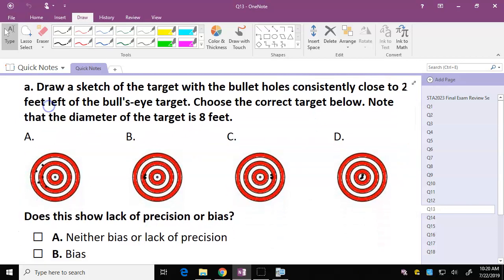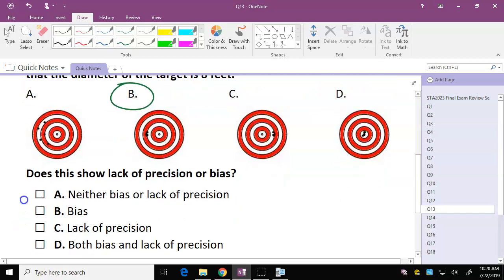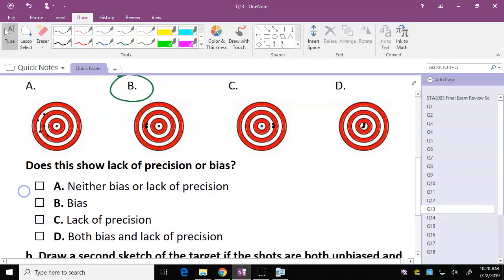So, the first one is, which target shows us bullet holes consistently close to 2 feet left of the bullseye target? B. Absolutely. It's B. So now, does this show a lack of precision or bias? Ooh, I had it split. I heard precision, I heard bias.